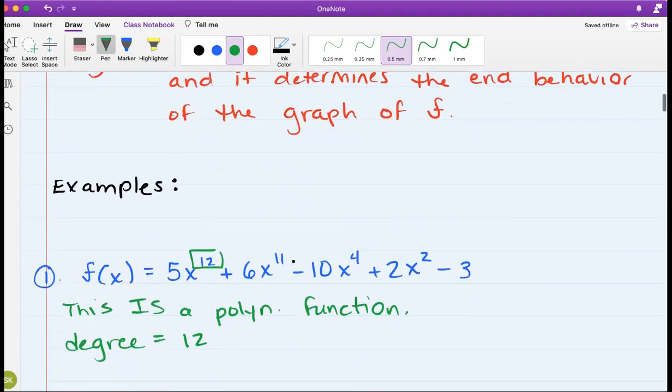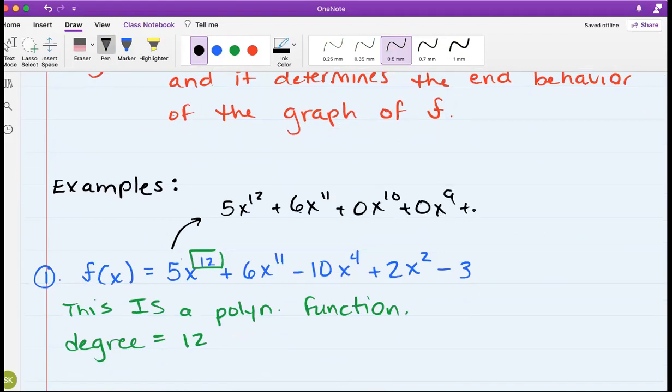Here I have a 12, 11, but where's the x to the 10th and the x to the 9th? Well, all of those have coefficients of 0. So another way that you can write this is 5x to the 12th plus 6x to the 11th plus 0x to the 10th plus 0x to the 9th, and so on.